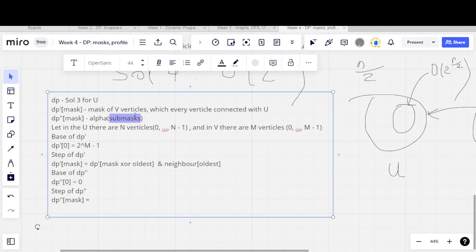Okay, and we check the condition that the submask is click, but how to make condition submask and how to make condition click.